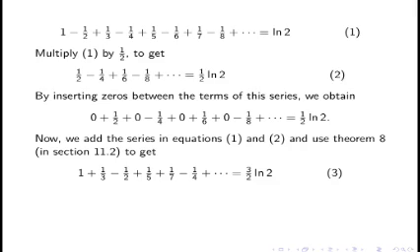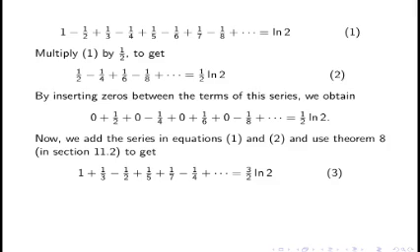And now we can add the series in equations 1 and 2, and we get the following. We get 1 plus a third. Now notice the negative a quarter from equation 1 and the negative a quarter from equation 2 gives me negative a half.